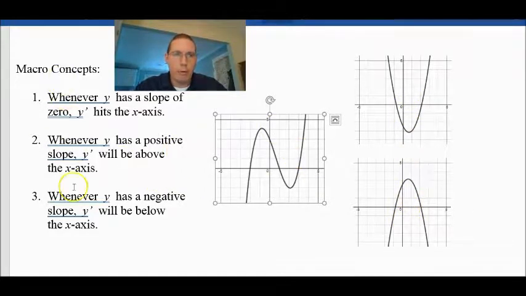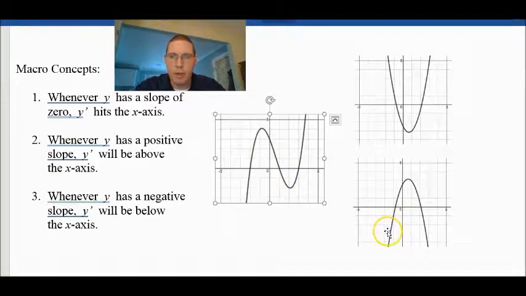Well, when we go to macro concepts 2 and 3, whenever y has a positive slope, the derivative will be above the x-axis. Well, this original function has a positive slope, then a negative slope, and then a positive slope. Therefore, the derivative should be above, then below, then above the x-axis.